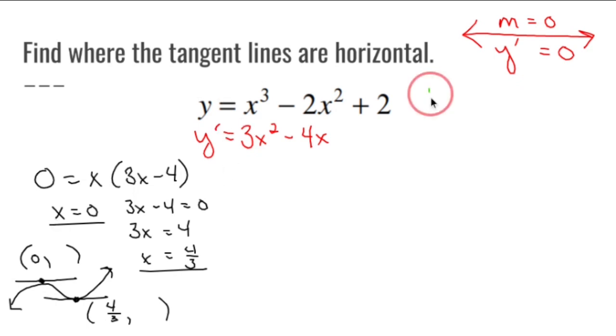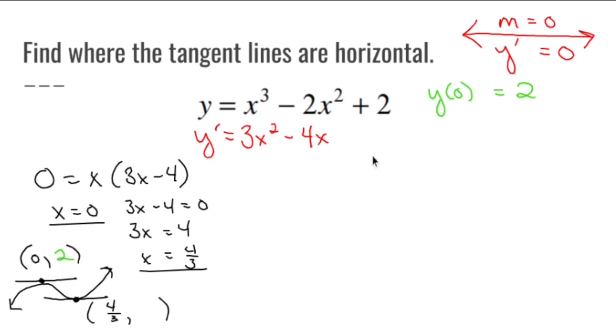Let's find out what y of 0 is, which means I'm going to take 0, plug it into the original equation. So 0 cubed minus 2 times 0 squared plus 2 is going to be 2. That was the easy one. When I plug 0 into the original equation, I get 2, bada bing.